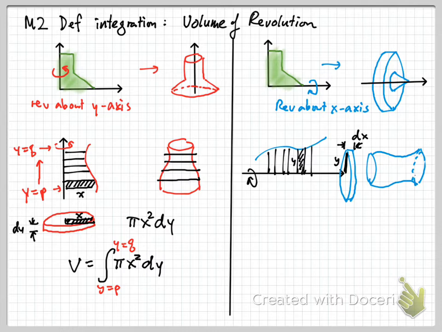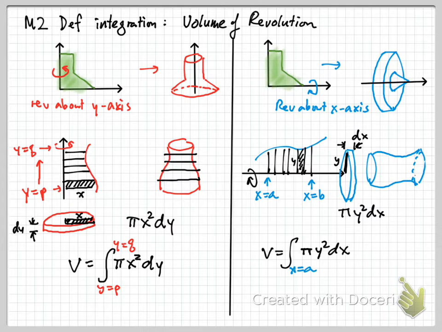So we do the integration from the smallest x, say x is a, all the way to the largest x, say x is b. Each disc has volume pi y squared dx, and the total volume will therefore be the integral of pi y squared dx from x equals a to x equals b.